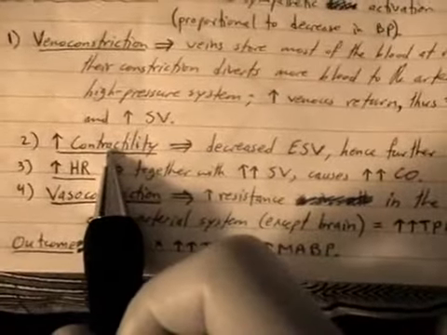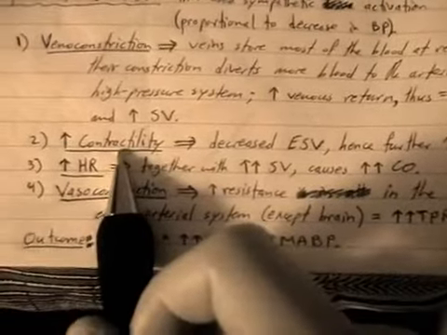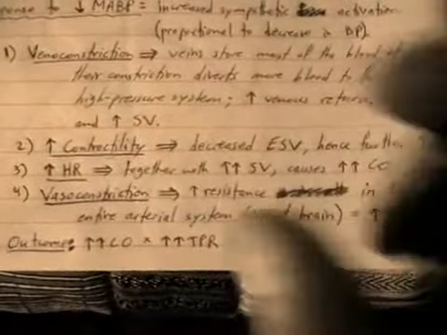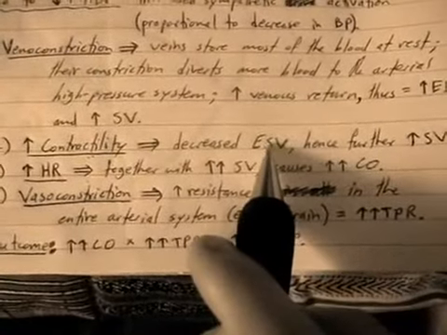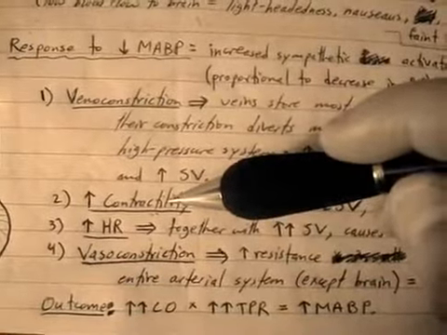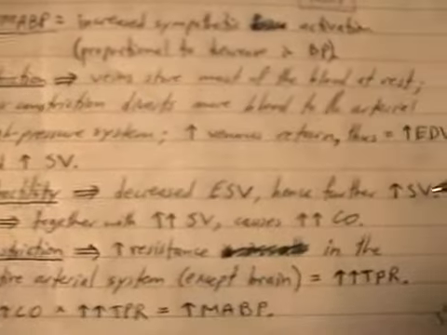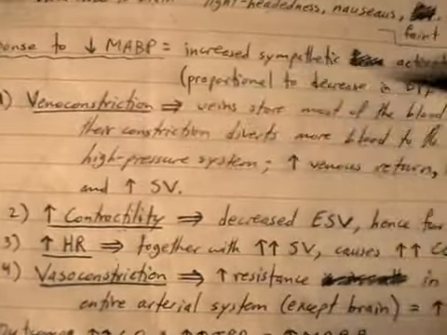Increased contractility means that the heart contracts more forcefully. So when the heart contracts more forcefully, it's going to decrease end systolic volume. Now a decrease in end systolic volume is going to increase stroke volume. Together, venoconstriction and increased contractility are going to increase stroke volume, because venoconstriction causes increased venous return to the heart and therefore increases end diastolic volume.